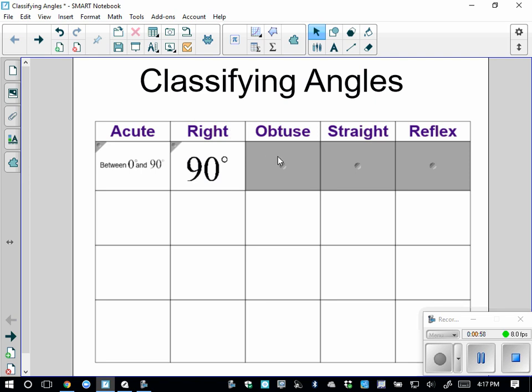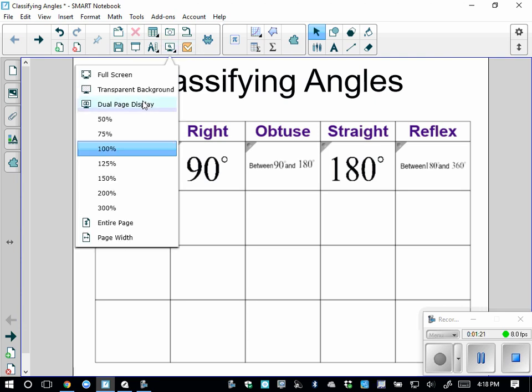An obtuse angle would be bigger than 90, but less than 180 degrees. A straight angle is like a line, 180 degrees. And then a reflex angle, for some of you may be new, is an angle that's between 180 and 360 degrees. So we're going to just draw some pictures.